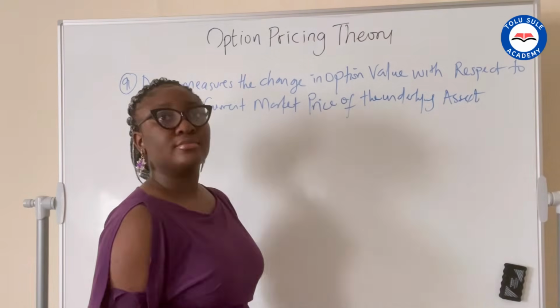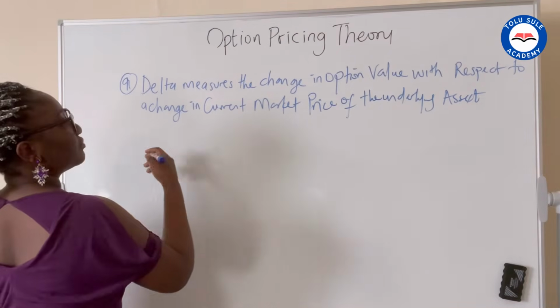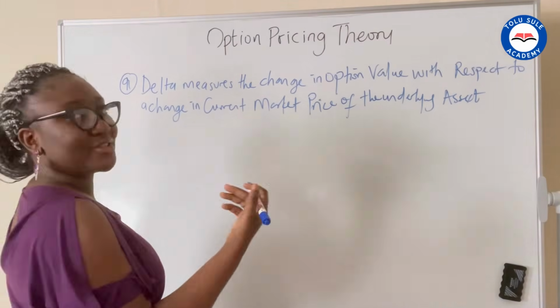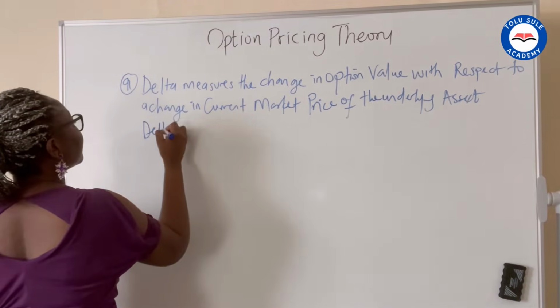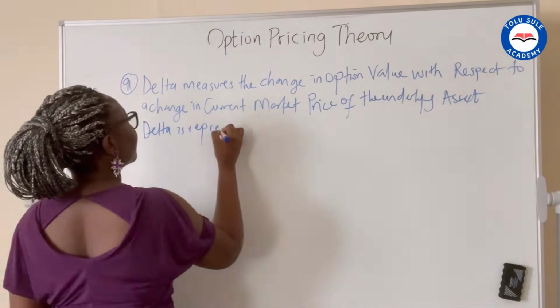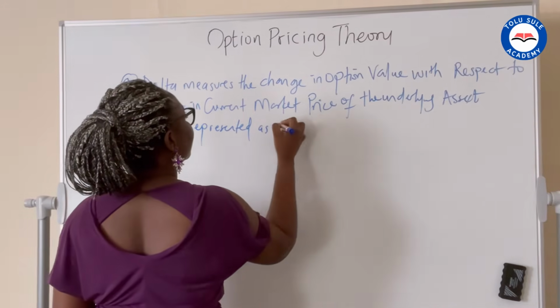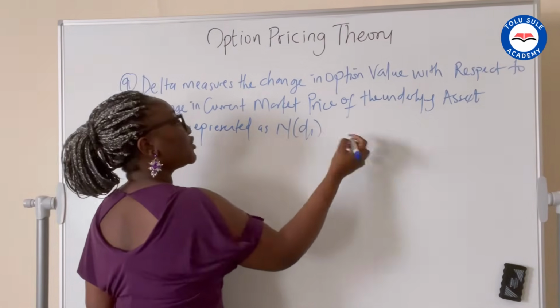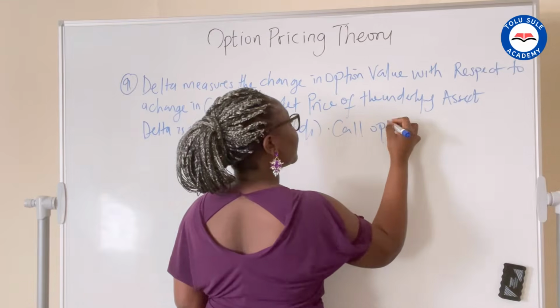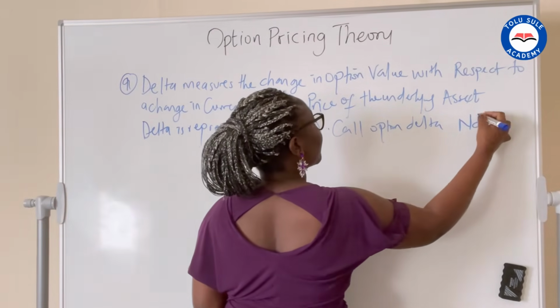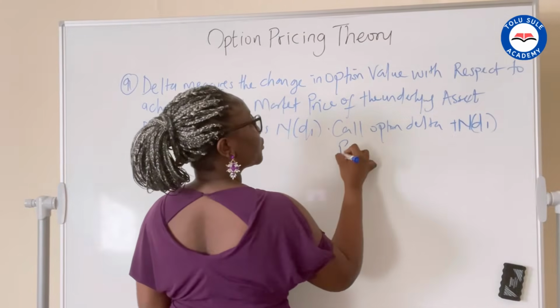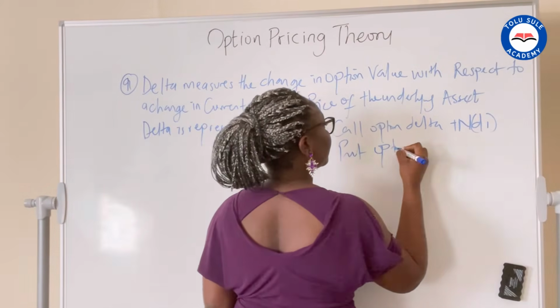Do you understand? It's just 5 marks for the 3 explanations, so you don't have to write too many stories. You can say delta is represented as ND1. Did I mention call option delta? Call option delta is ND1, like positive ND1. Then put option delta is negative ND1.